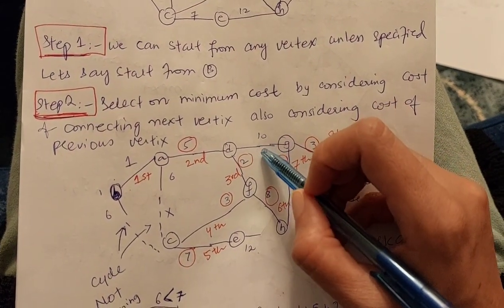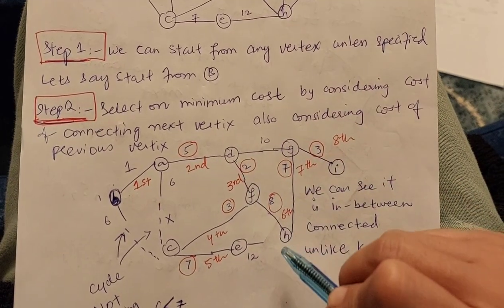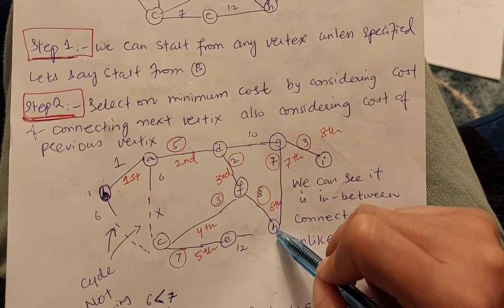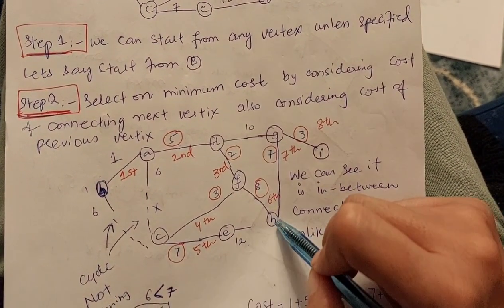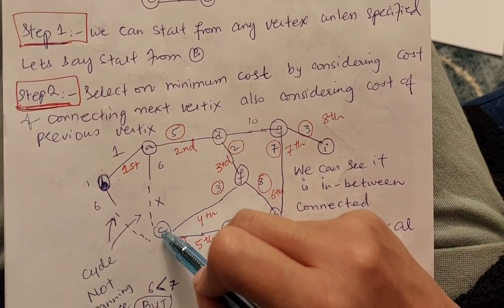This line is not visited because D was already a connected node. Similarly, this line is not visited because H is already a connected node. This line is not visited because C is already a connected node.